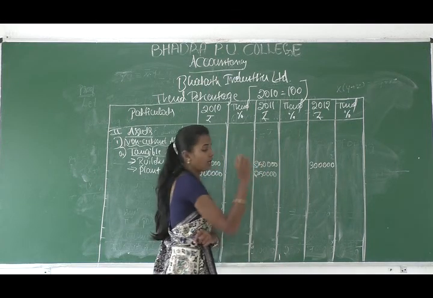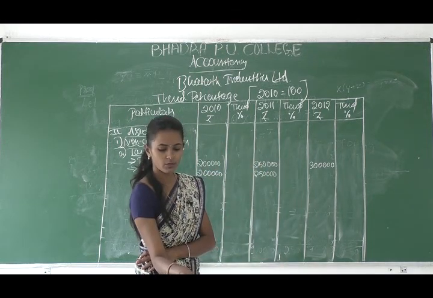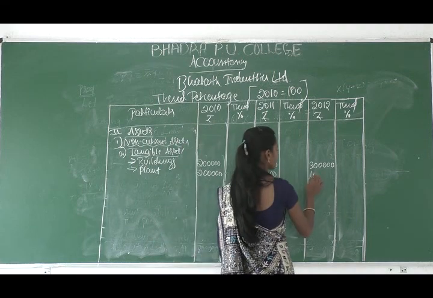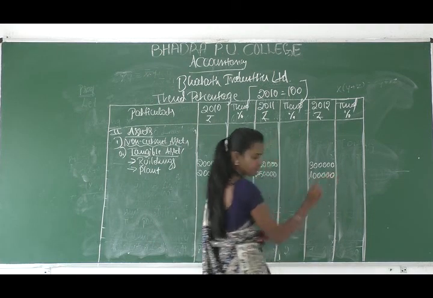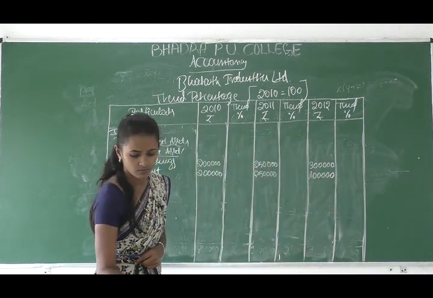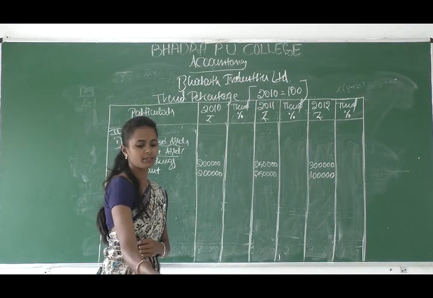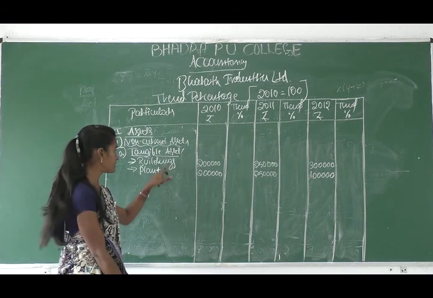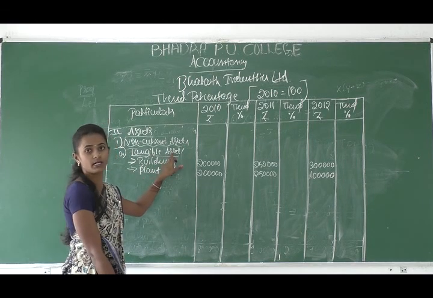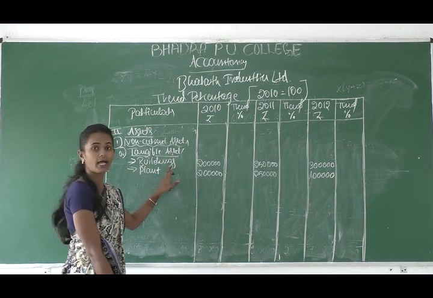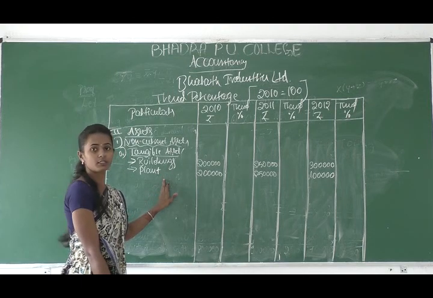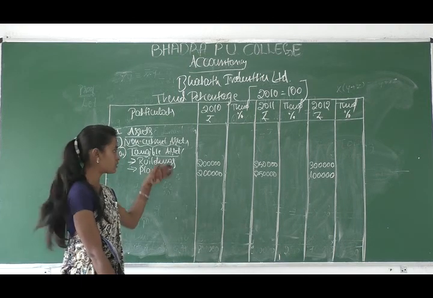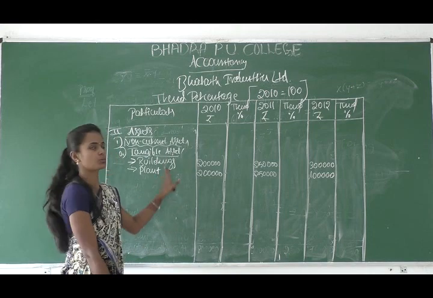Okay, and in 2012 our plant amount is 1 lakh. Yes sir, plant amount is 1 lakh. So we can show like this, but we can't add these two items under tangible assets. Instead, in the case of a trend analysis we can show separately, okay, under tangible assets.